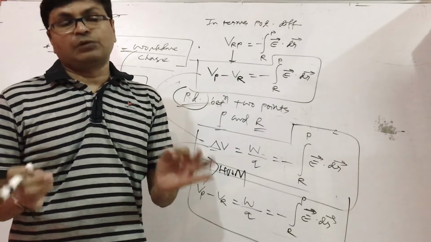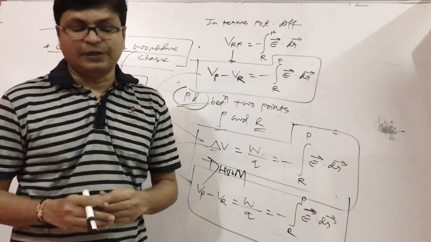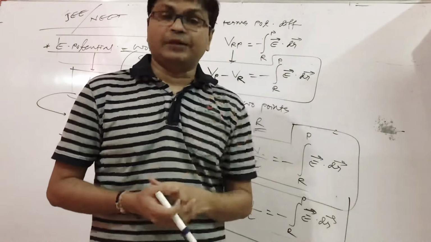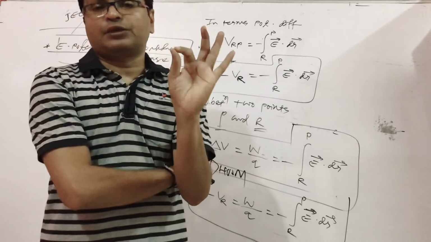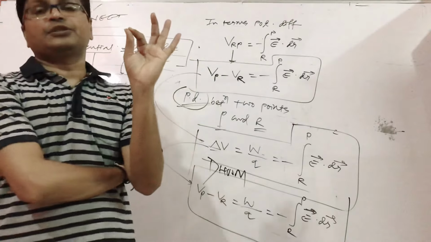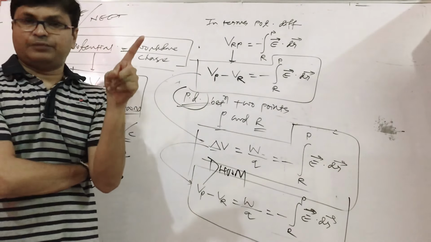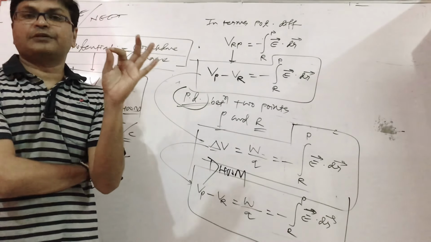So joule per coulomb or volt is the unit of line integration of electric field. Similarly, they ask about surface integration of electric field. What is the unit of surface integration of electric field? Remember chapter number 1. Surface integration of electric field means electric flux.